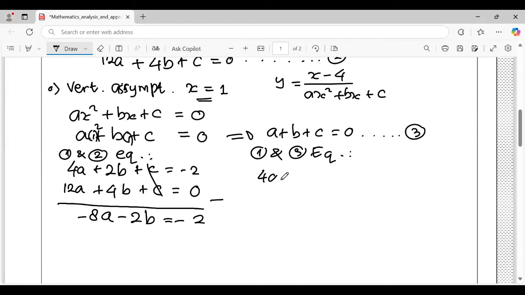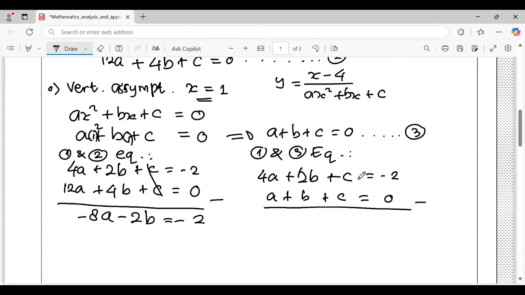For a plus 2b plus c equals minus 2, and the third equation, this one, a plus b plus c equals 0. Okay, eliminate c. This is 3a plus b equals minus 2.